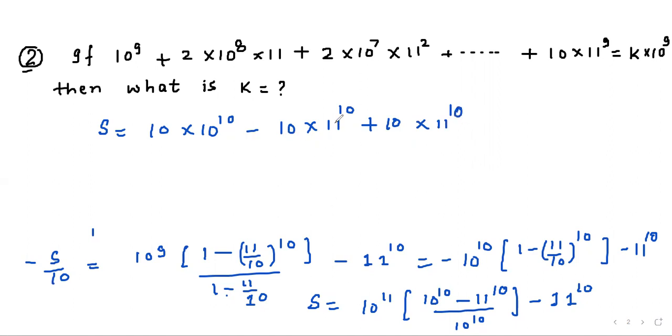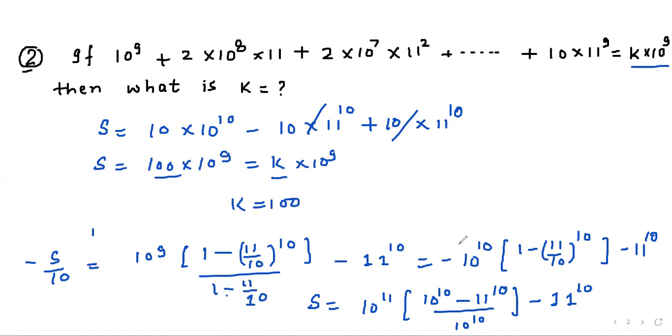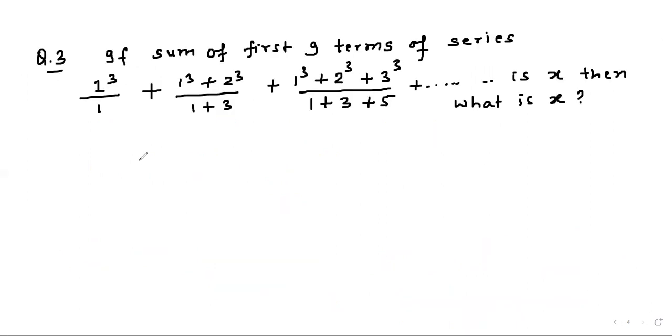Now from here these two terms will cancel out, and we will get S equal to 100 multiplied by 10 power 9. Here we are given the sum as k into 10 power 9, so k will be 100. That is our answer. Now let's consider the next question.